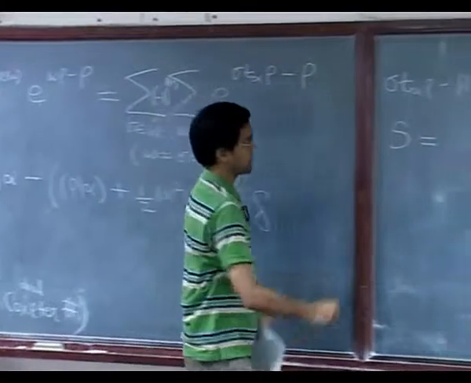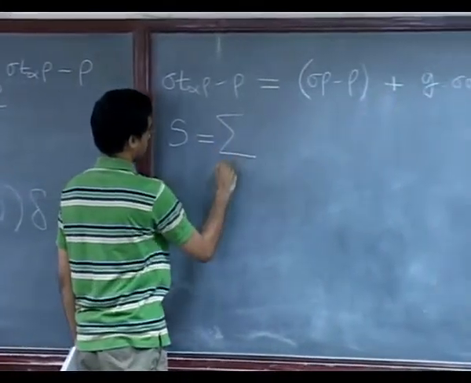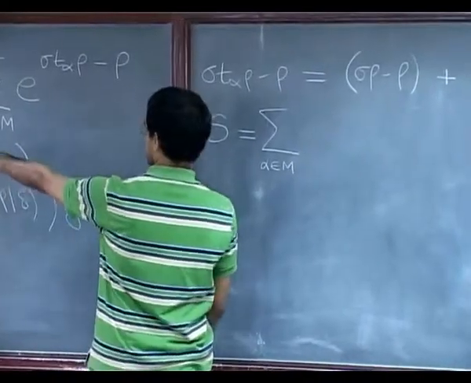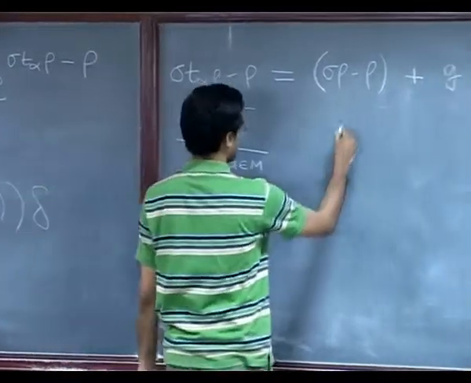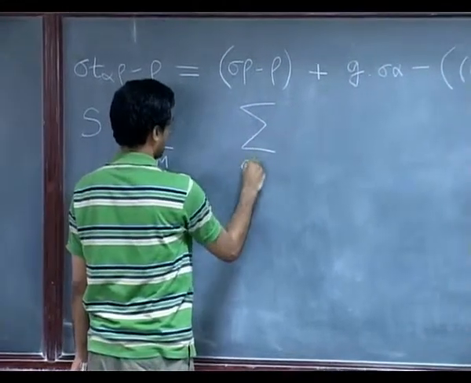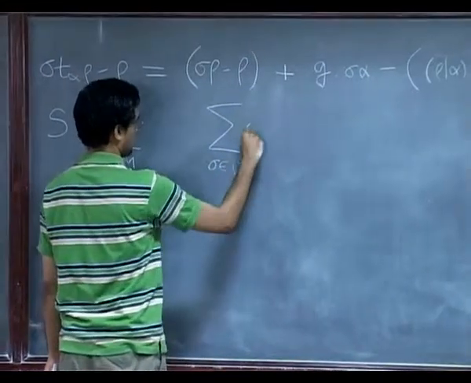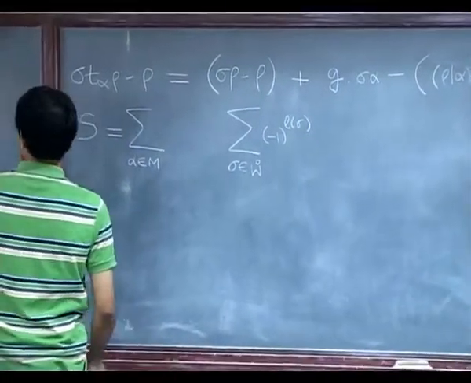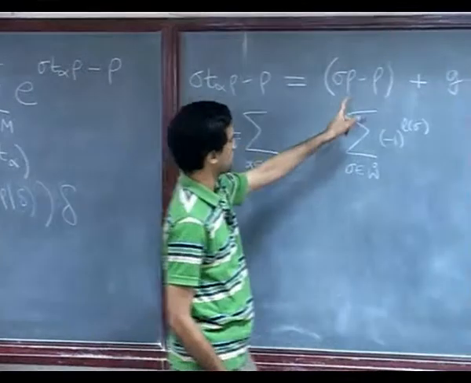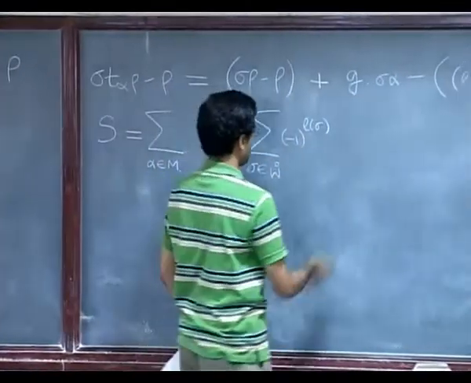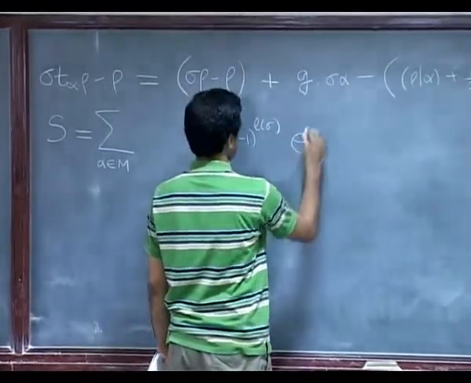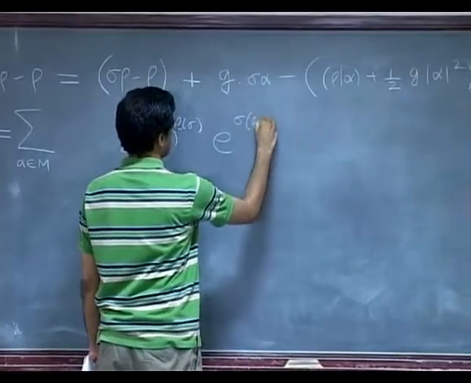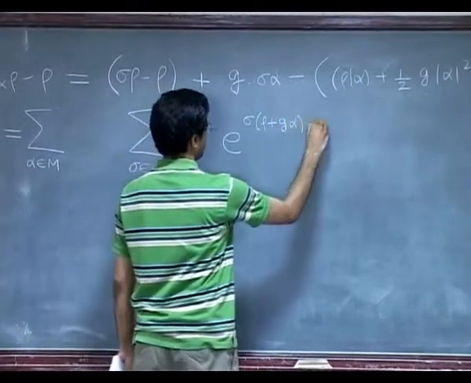I'll do the alpha on the outside, so this is now a sum over all these alphas in M. Minus 1 to the length of sigma will be on the inside, so the inner sum is over sigma. I collect all those terms which involve only sigma, minus 1 to the length of sigma, then e to the sigma of rho plus g alpha minus rho.